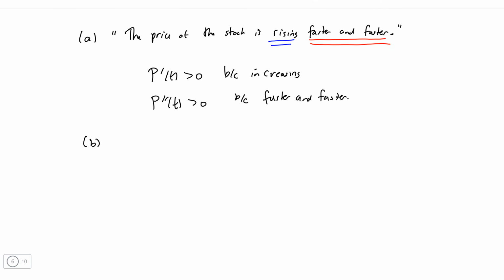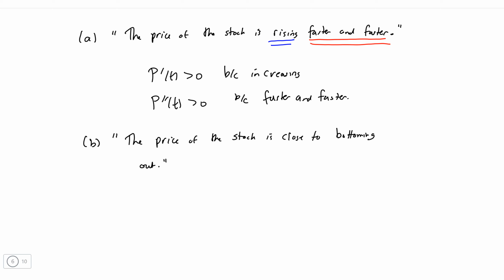So let's try one more statement. The price of the stock is close to bottoming out.